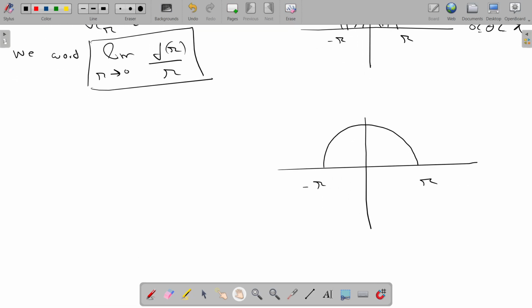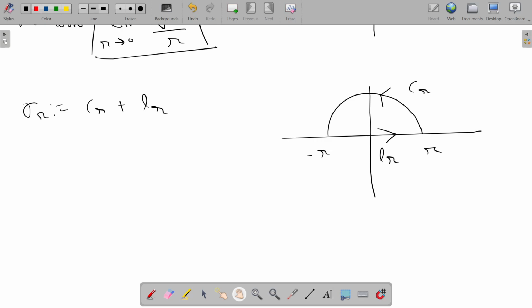Now we can think like this: this is our curve C_R, and this line we name L_R. Gamma R is the whole closed contour, so we define gamma R to be C_R plus L_R.